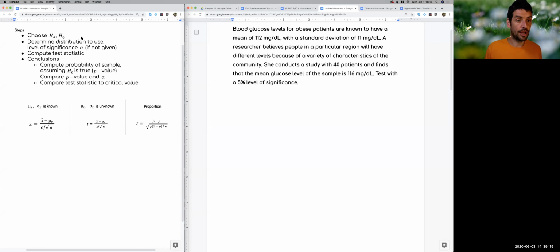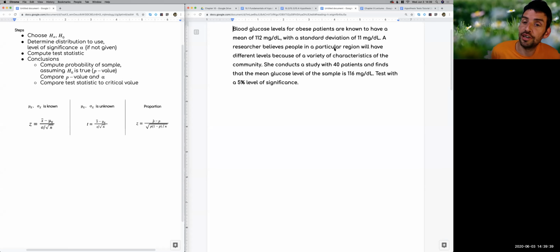So let's go ahead and do an example. Our first one is about a study into blood glucose levels. For obese patients, they're known to have a mean of 112 milligrams per deciliter with a standard deviation of 11. And there's a researcher who believes that people in a particular region will have different levels because of a variety of characteristics of the community, right?